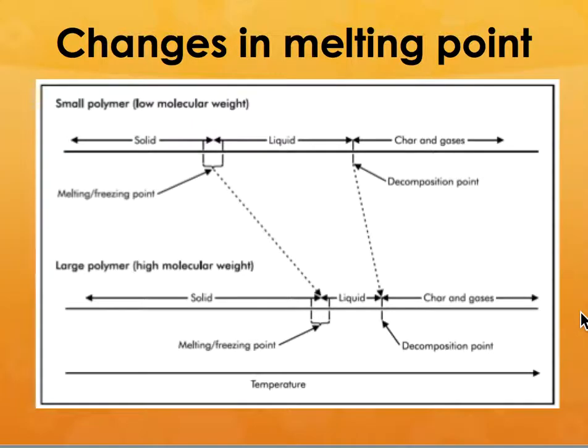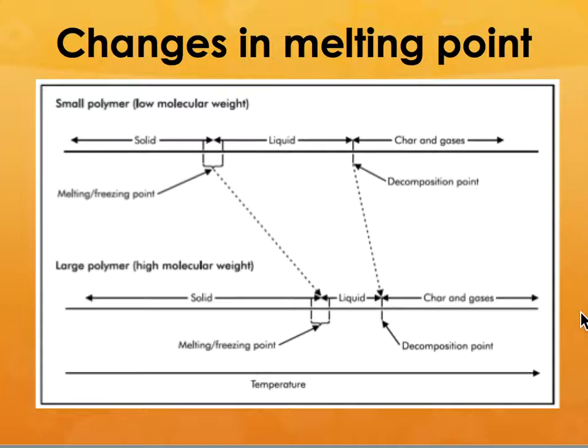So this is a schematic of a thermoset material. If you have a low molecular weight polymer, it will go from the solid point onwards to the decomposition point.